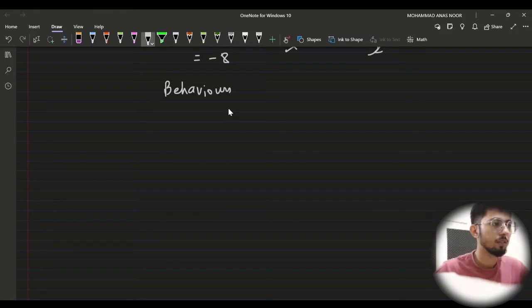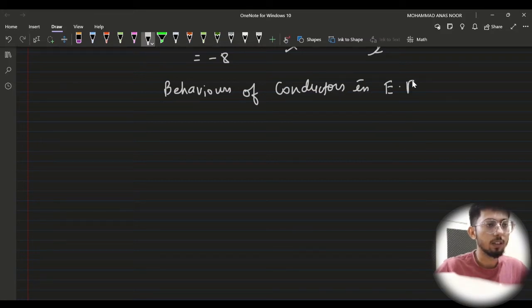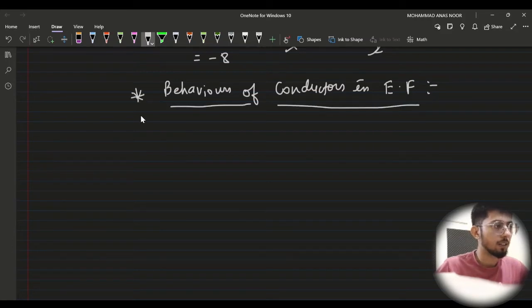Behavior of conductors in electric field, inside the electric field. What happens when a conductor is placed inside the electric field. There are various points that we'll see.